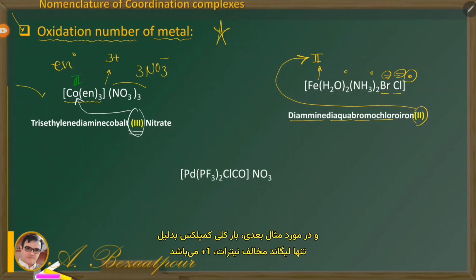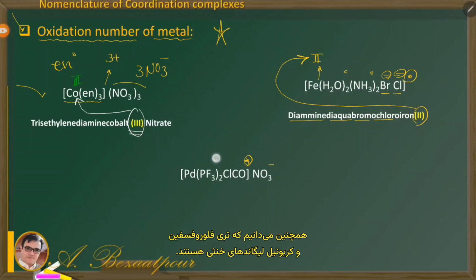And in the next one, the overall charge of the complex is 1 plus because of 1 nitrate counterion. So we know that the trifluorophosphine and carbonyl are neutral ligands.